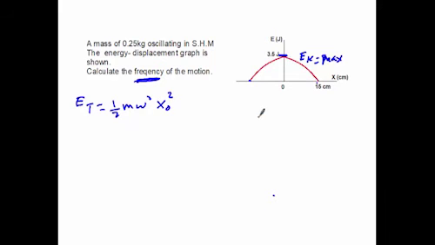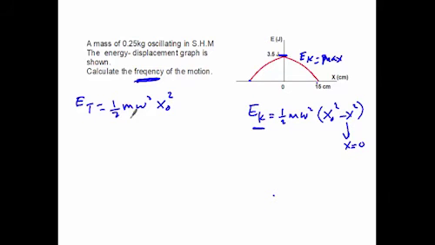Even if we are taking the value of kinetic energy, which is half m omega square (x naught square minus x square), we have here at x equal to 0 the maximum value, which will also be the same as the total energy. So it will lead to the same equation.